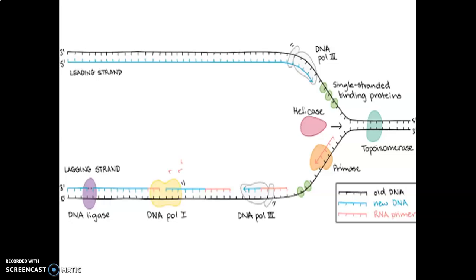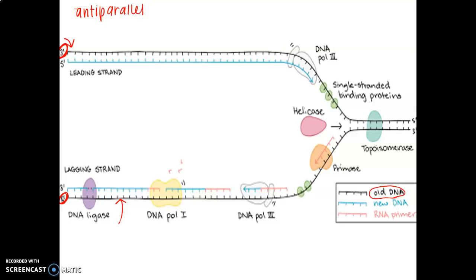So these black lines that you're seeing are representing the old DNA or the parent DNA strands. And what you'll notice is that one of them has the 3' end up here in the top left, and the other one has the 5' end down here on the bottom left. So we know that our DNA strands are anti-parallel, right? Don't forget that word. So they're anti-parallel.